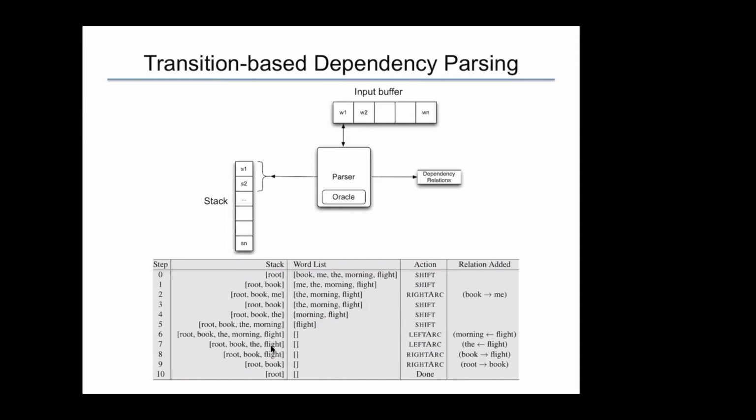You can think of this as constructing the tree in a flattened way. That's why you have this shift, right arc, shift, left arc. So you have several actions, and these actions allow you to create the dependency parse from scratch.